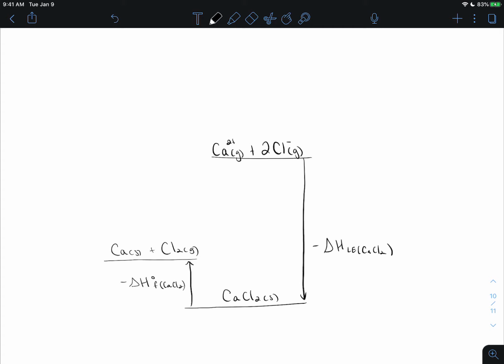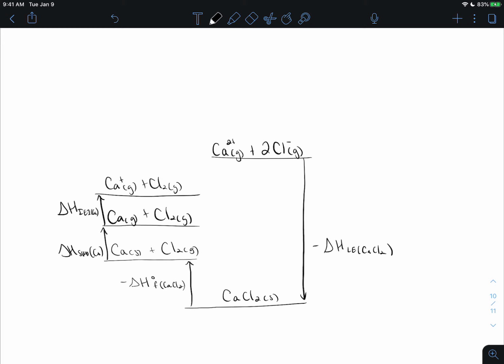And then we're just going to go through going from our calcium solid, we need to get to calcium 2 plus gas. So the first thing we want to do is we want to sublime it. And this gives us our calcium gas plus chlorine gas. Then we're going to go from our calcium gas to calcium 1 plus. So our first ionization energy to form calcium plus chlorine plus 1 electron.